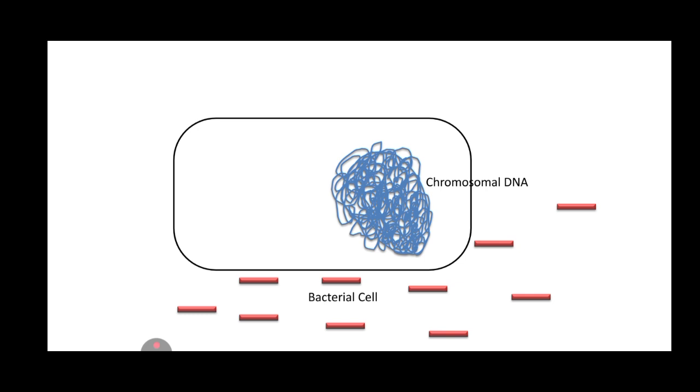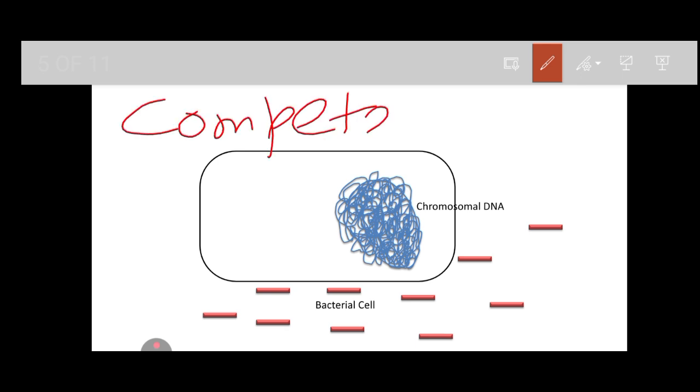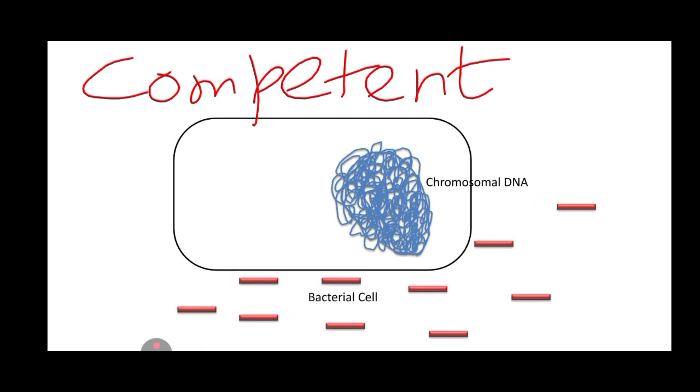Mark my words, the stage is called the competent stage. This is a stage not seen in the bacteria at all times. Only during a particular time interval does a cell develop the stage of competency, right?